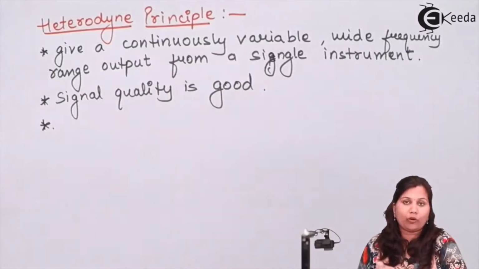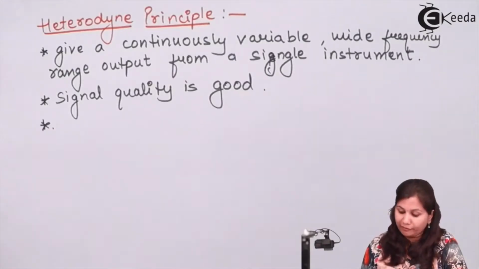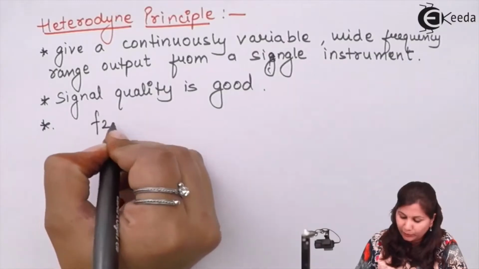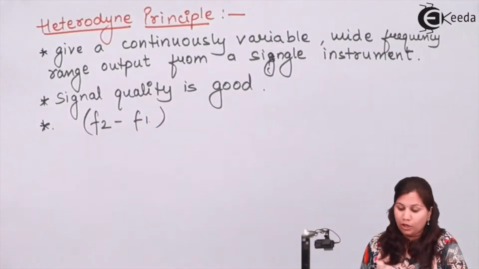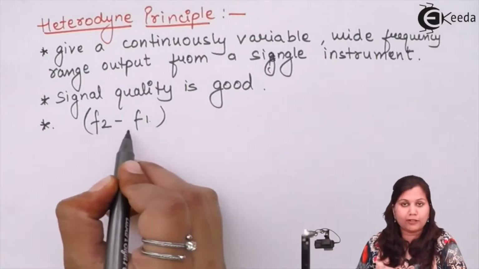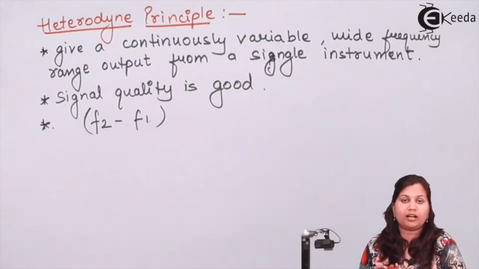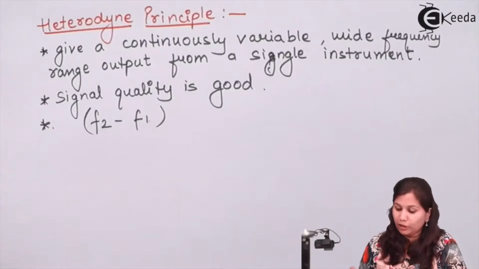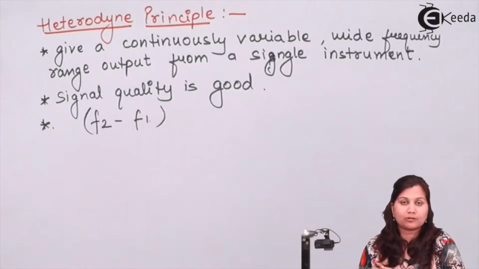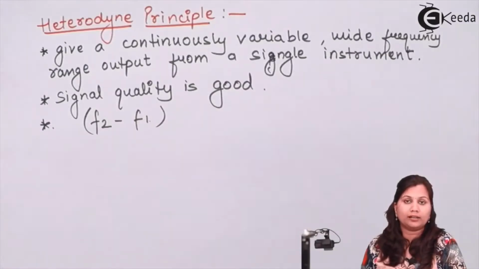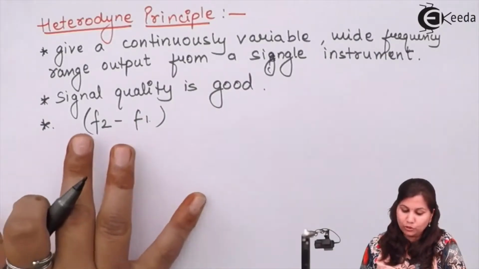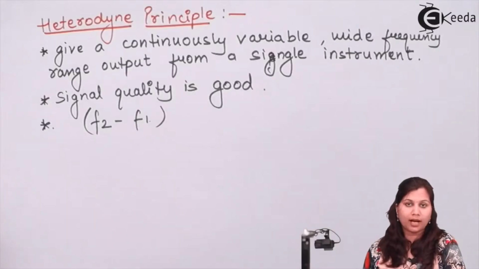The stability of the frequency is very poor, because here we are finding the difference between the frequencies, which is f2 minus f1. If both these frequencies f1 and f2 are nearly equal to each other, then any variation caused in either of these frequencies is going to provide distortions in the output.